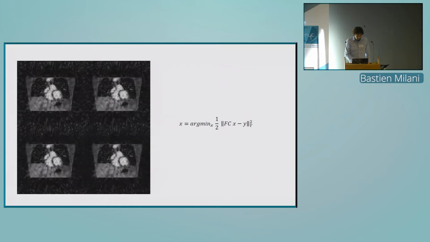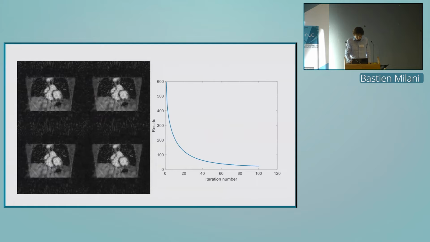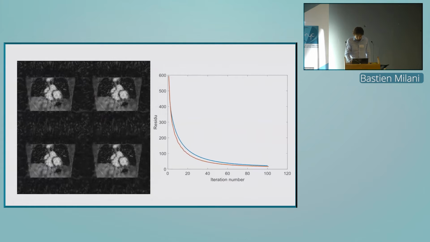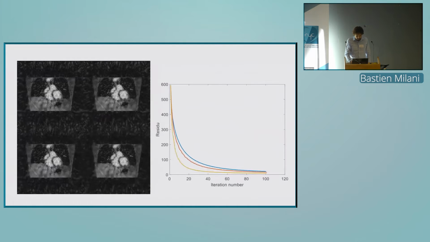This is 4 different implementations of SENSE. The one that converges better is the one right down. That's the conjugate gradient. The first is a gradient descent. You see the residuum here. The second is a variant of the gradient descent.